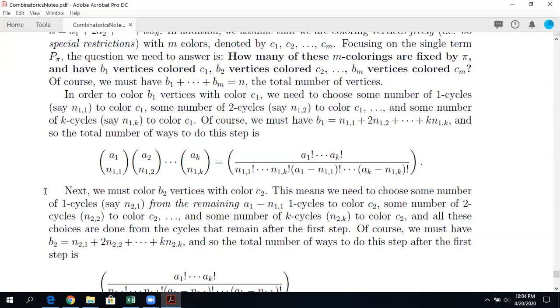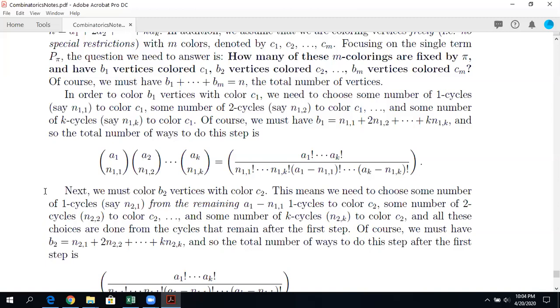Okay, so I just said some number of 1 cycles, some number of 2 cycles, but overall I'm going to have to sum these things together later. Okay, all these different cases for different N sub 1 comma i's.